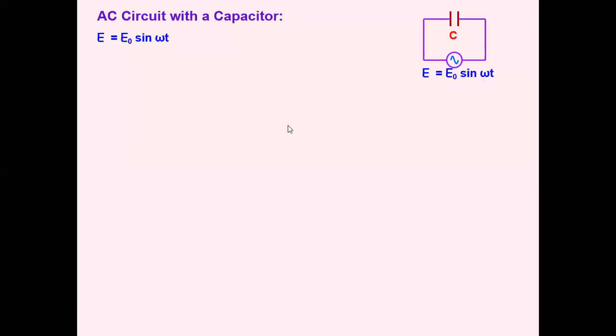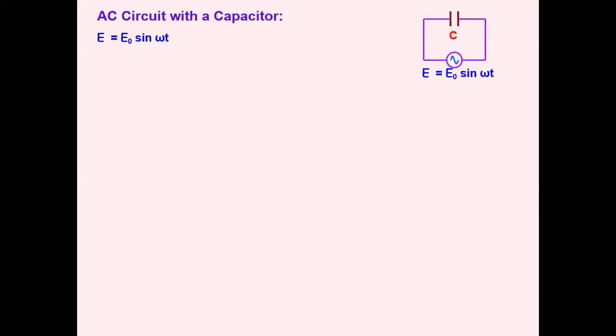So you see that alternating EMF is denoted as E equal to E naught sin omega t, because this is the instantaneous value of alternating EMF, the value of the AC source going on changing continuously. Sometimes it is positively high, sometimes negatively high, sometimes zero.